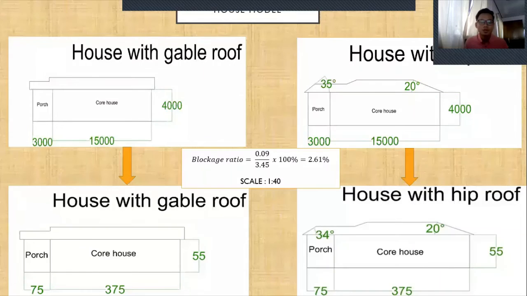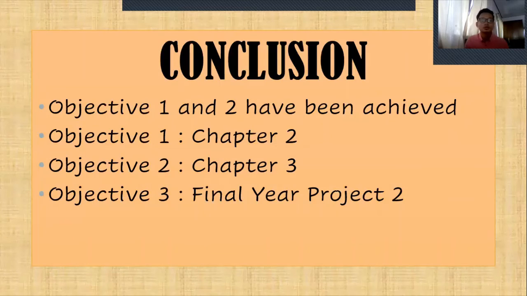It is okay. For the conclusion, two of the objectives in this study, which are to study the factors that lead to the damage of urban houses in Malaysia, and to evaluate and provide the data in constructing two different types of models, have been achieved in this Final Year Project 1.